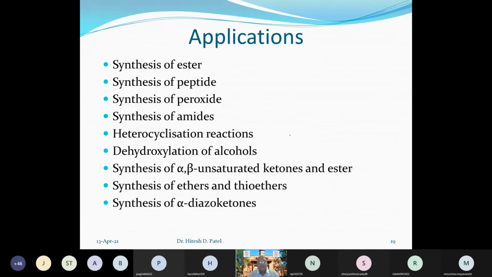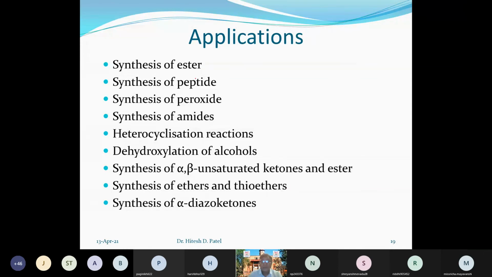Now the applications of DCC, where we can use DCC. DCC is used for the synthesis of esters, peptides, peroxides, amides, heterocyclization reactions, dehydroxylation of alcohols, alpha beta unsaturated ketones and esters, then synthesis of ethers and thioethers, and synthesis of diketones.